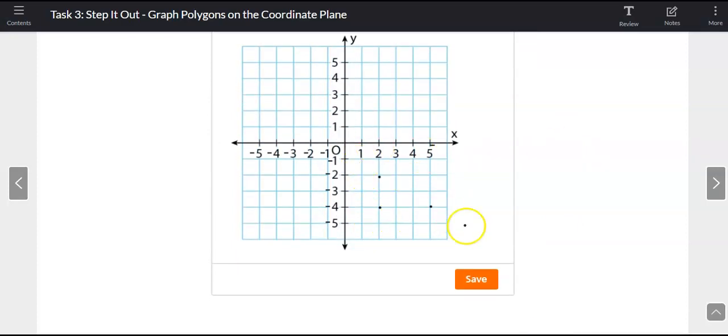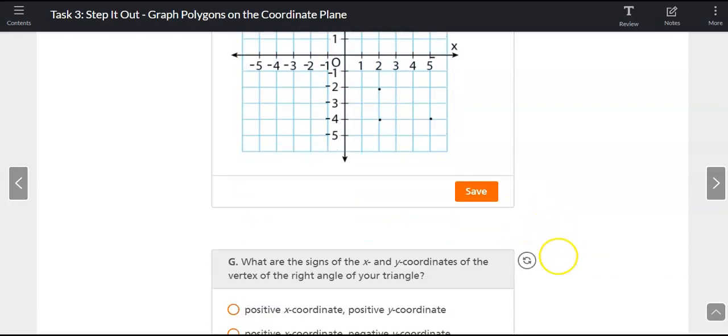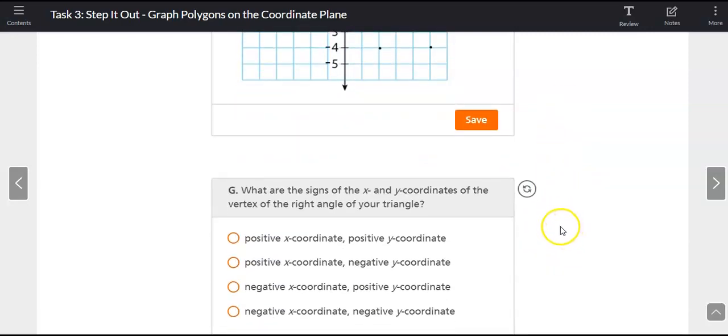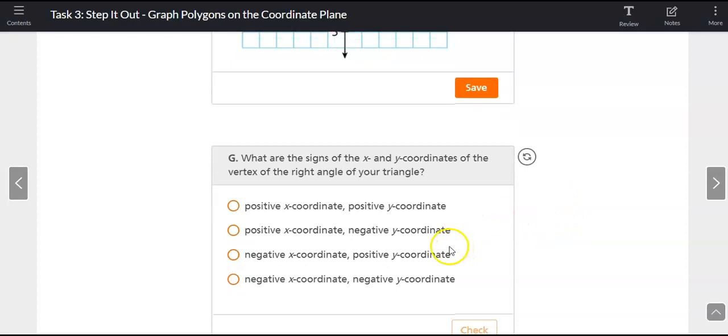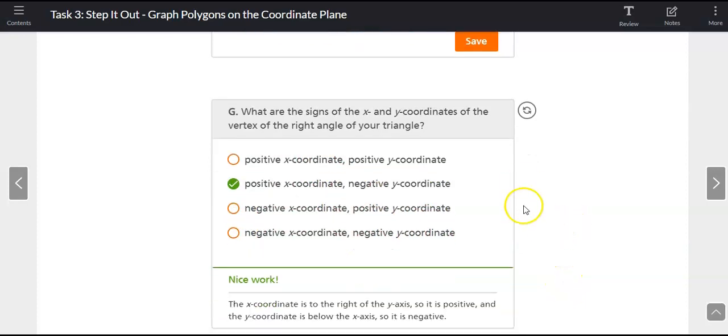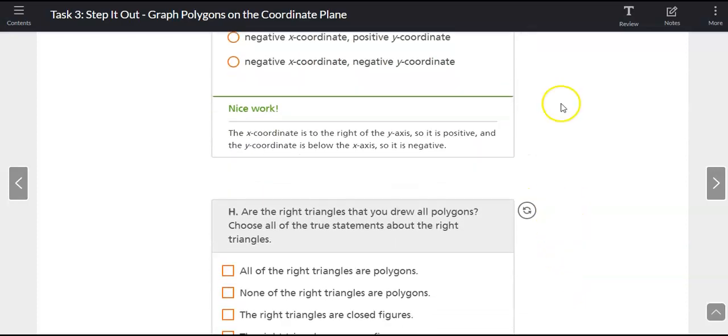You just have to make sure it's in the fourth quadrant, because it told you to. What are the signs of the x and y coordinates of the vertex of the right angle of your triangle? They should be positive, negative, because you're in the fourth quadrant.